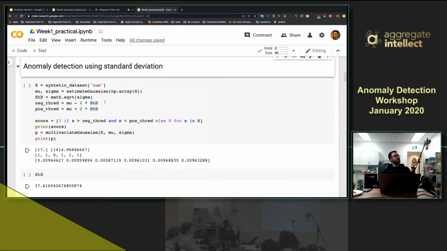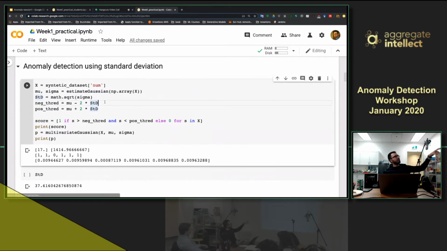And as I said, if something is 3 times the standard deviation away from the average, then you can say that maybe that thing is an anomaly. Here I use 2 instead of 3.